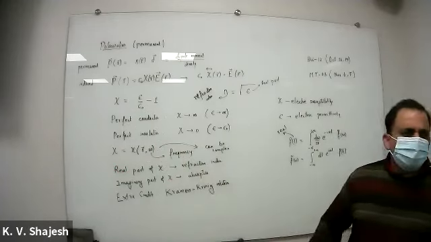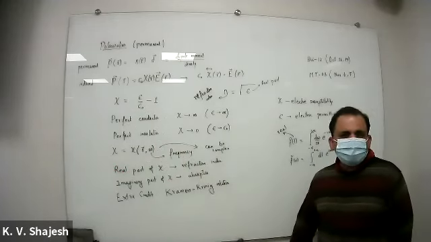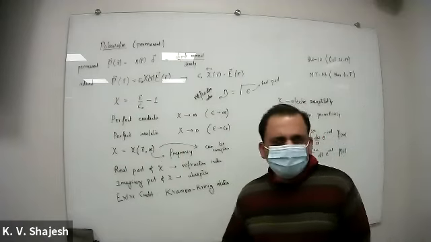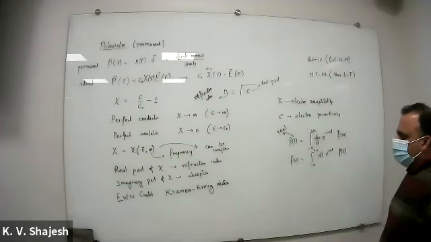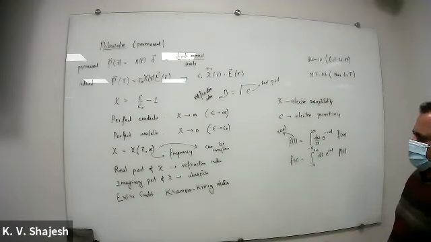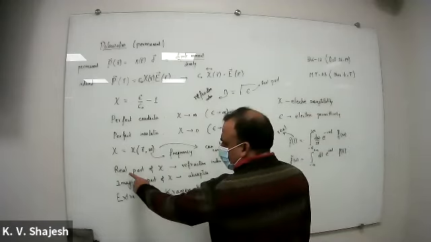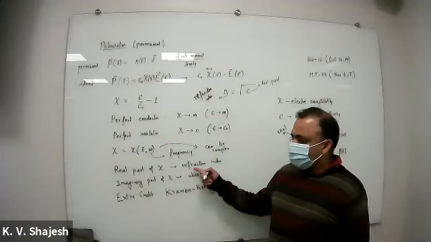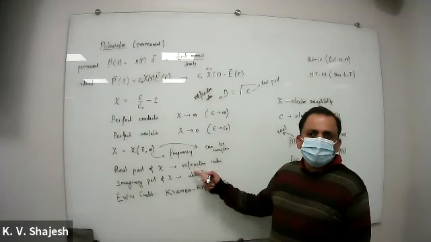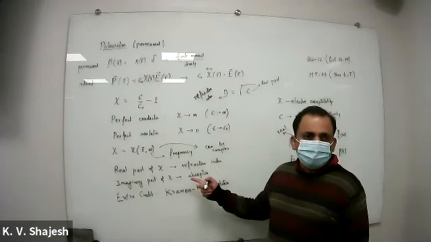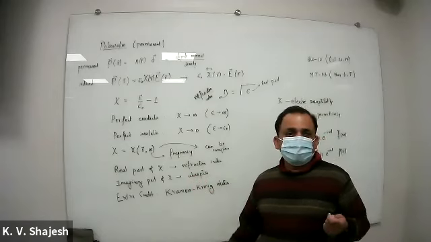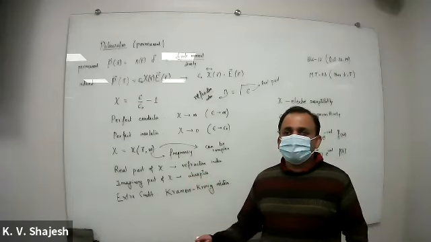It involves the idea of analytic function in complex variables, but let's not go in there. I'll just say that the real part and the imaginary part, or the refractive index of a material and the absorption of a material, remarkably, are the same in the sense that one decides the other.